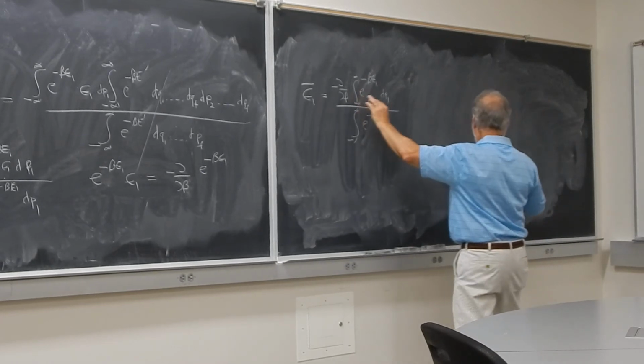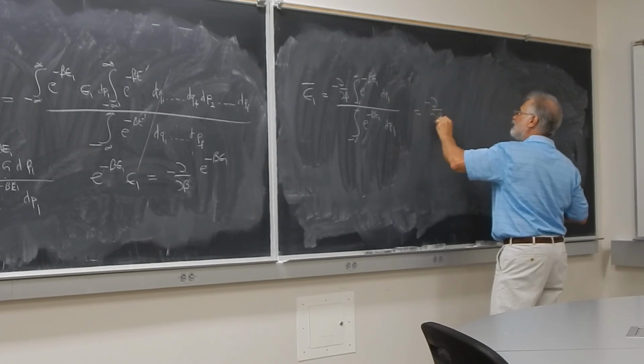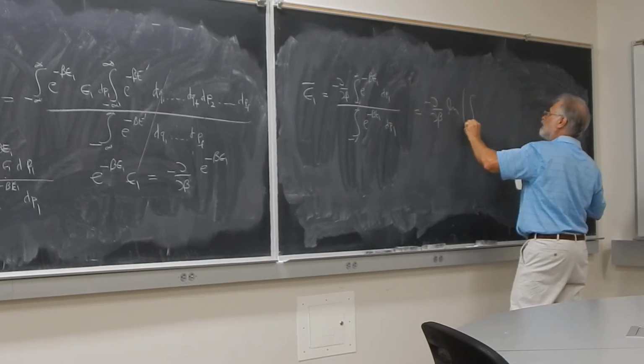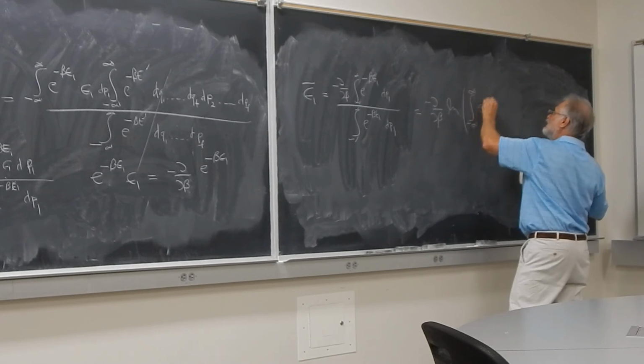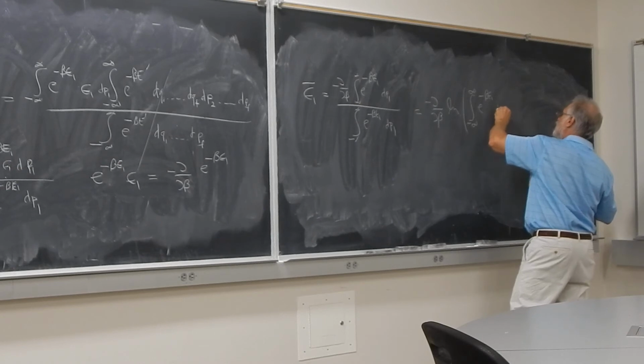Notice this is just like saying minus the derivative with respect to beta of the log of the integral from minus infinity to infinity of e to the minus beta E1 dP1.